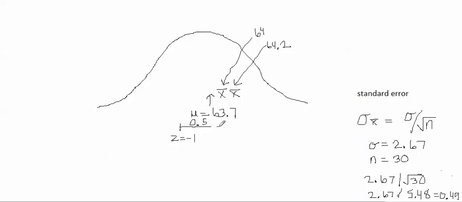So a sample mean that's 0.5 above the population mean, meaning one standard error above, would have a z-score of +1.